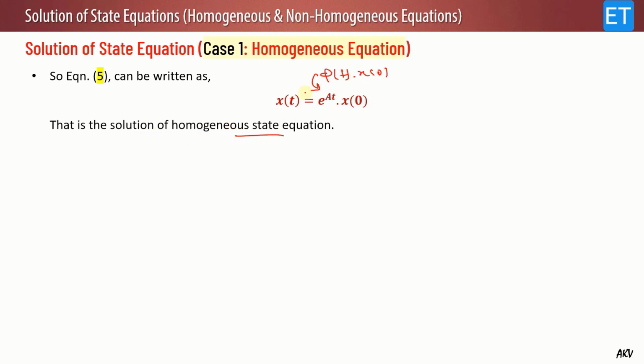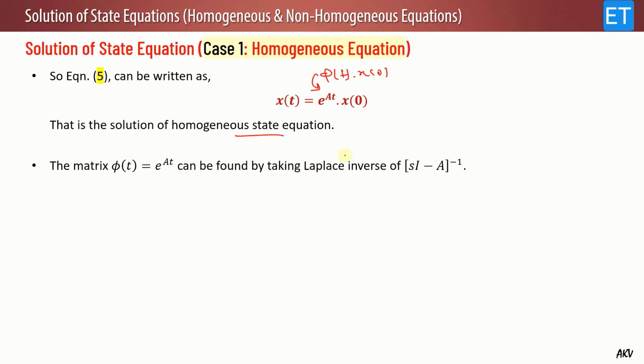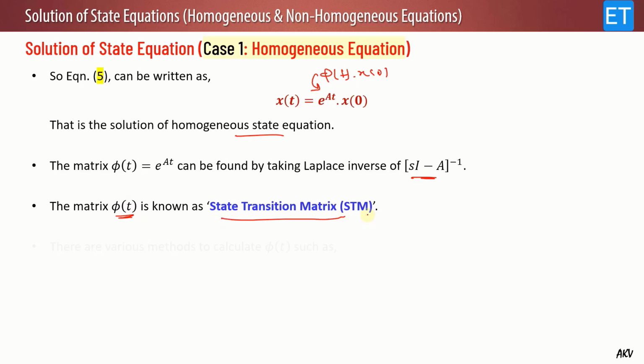This is the solution of the homogeneous state equation, and this matrix can be found simply by taking the Laplace inverse of this matrix, as I explained. This phi(t) is an important matrix, known as the state transition matrix, STM.